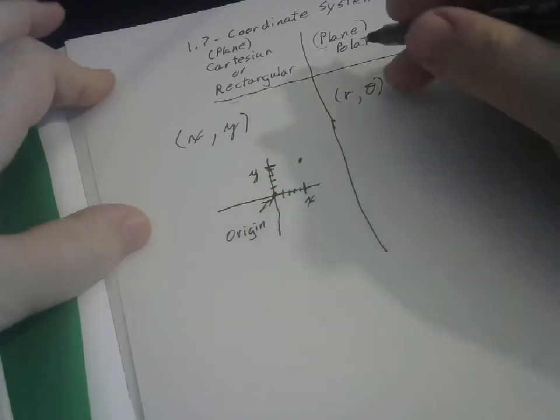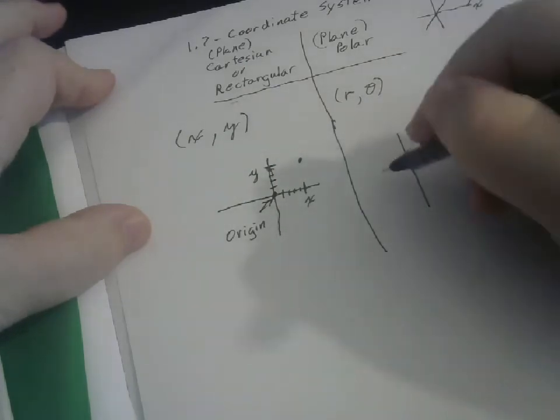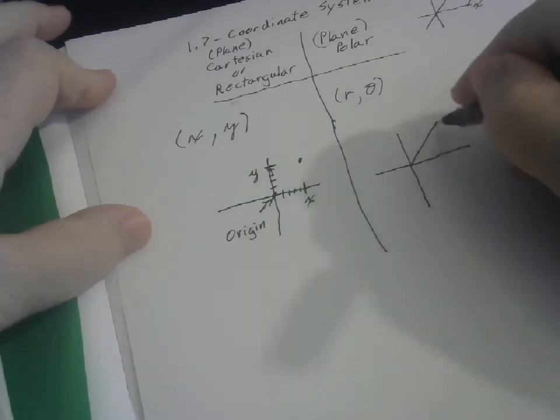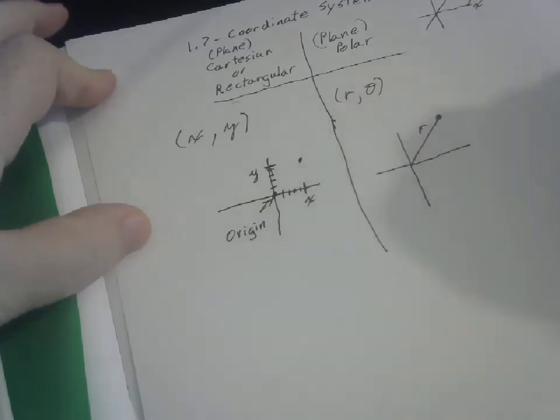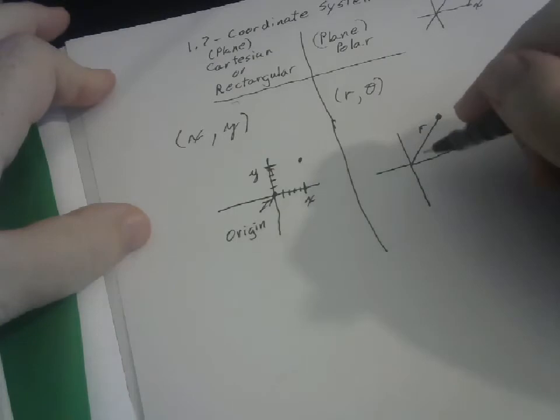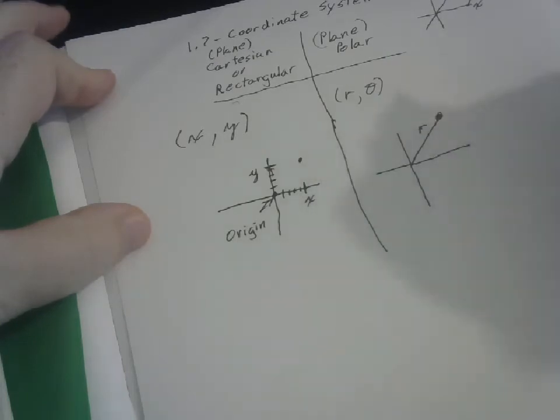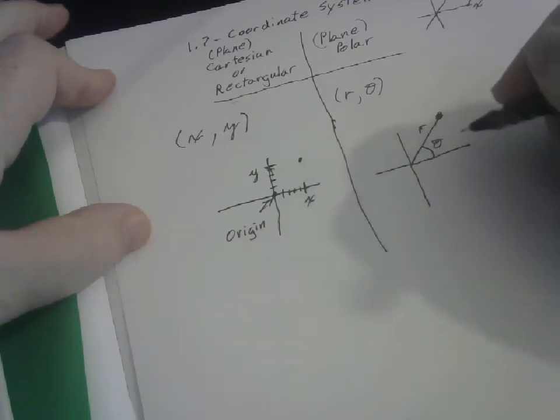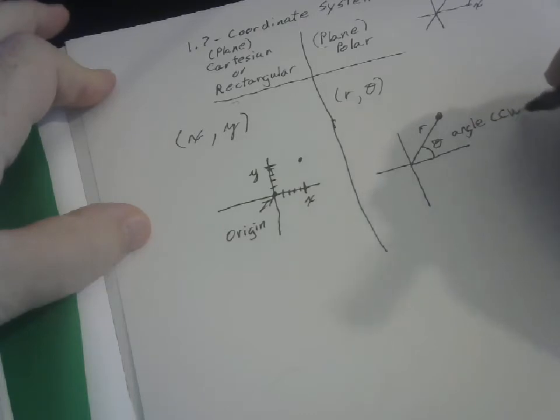And the plane polar coordinate system gives you r, which is the distance of the point to the origin, and theta, which is the angle counterclockwise from the positive x axis.